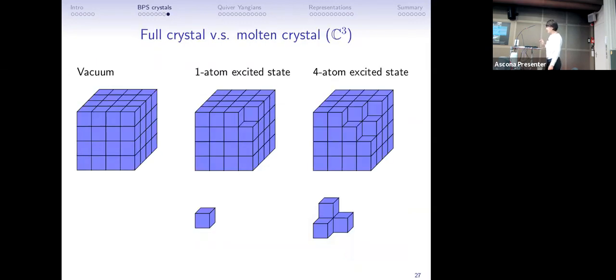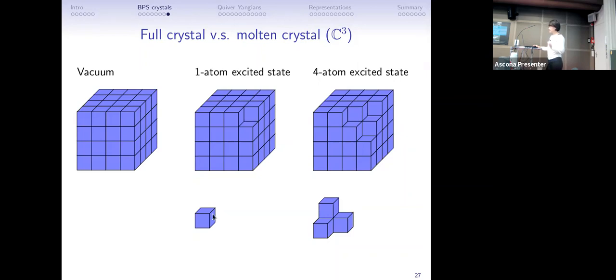Right. So before I go on, I want to clarify some potential confusion about terminology. In the crystal melting literature, we usually think of a big crystal, and then you remove some atoms from a corner. This is the melting crystal state, which corresponds to the excited states.